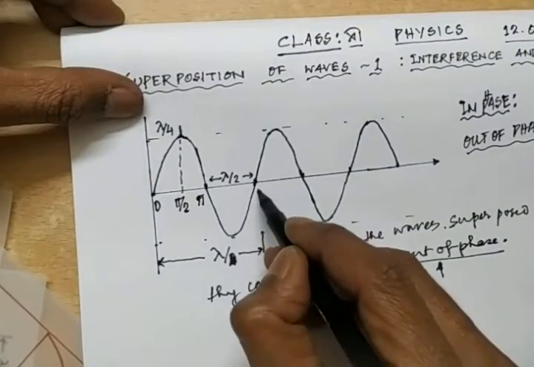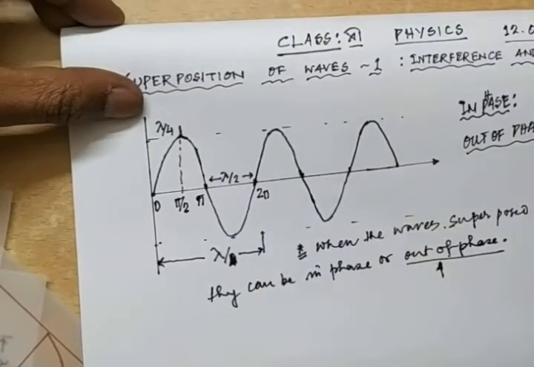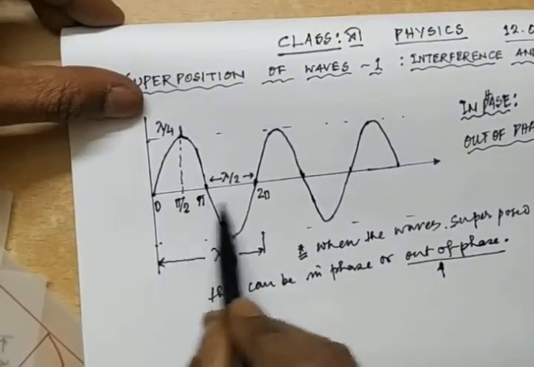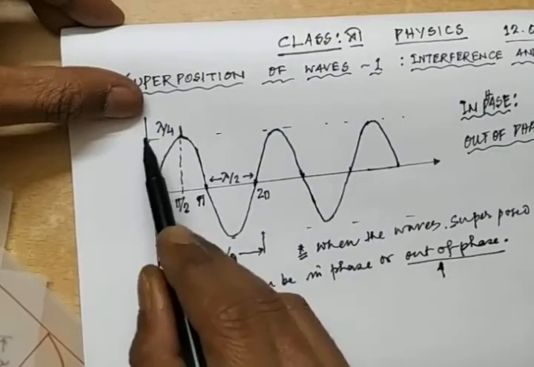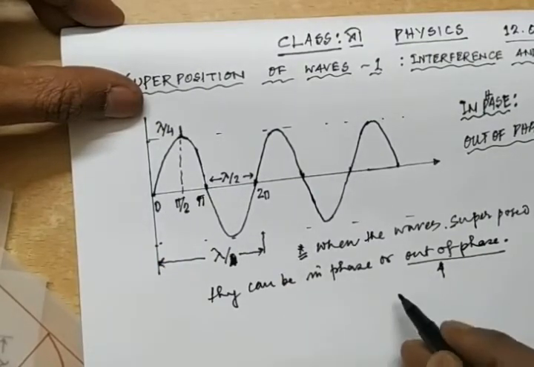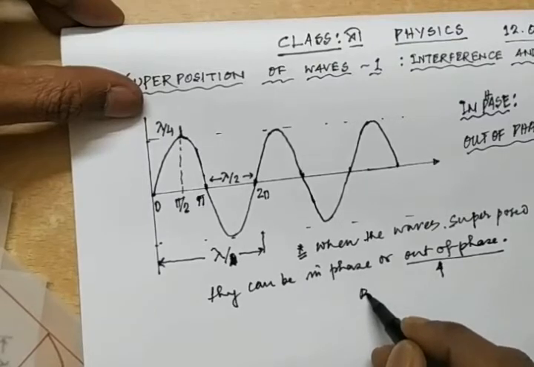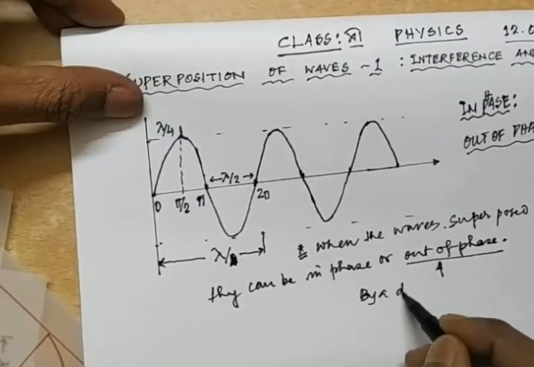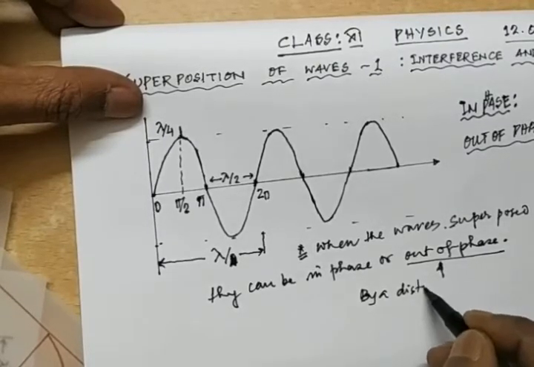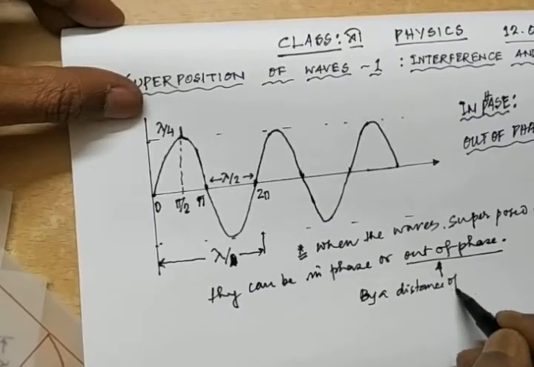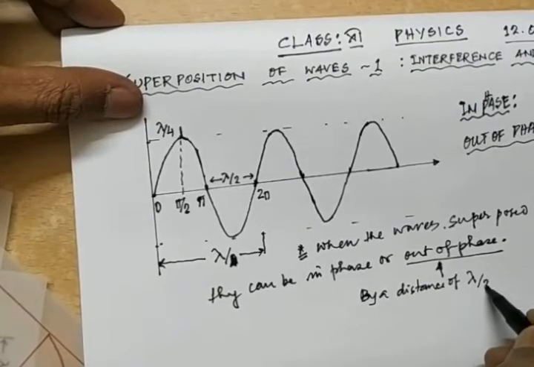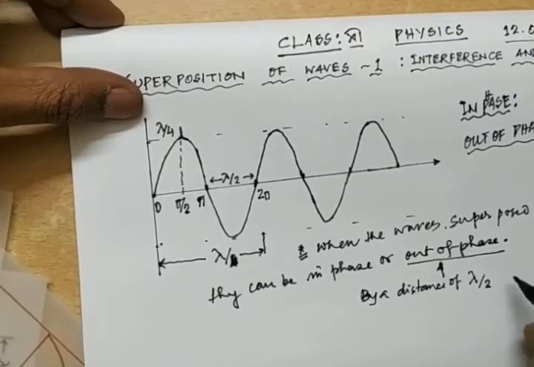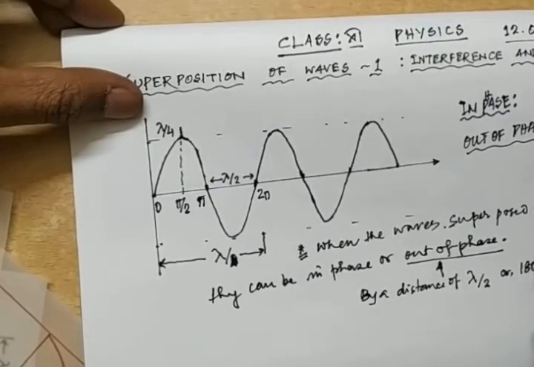Okay, so this is 2 pi. Like this, we will take both, angle and wavelength. So out of phase by a distance of how much? Lambda by 2. Okay? And we can say 180 degree.